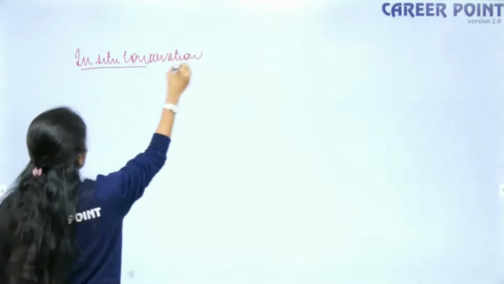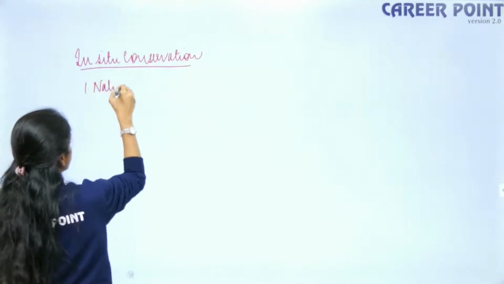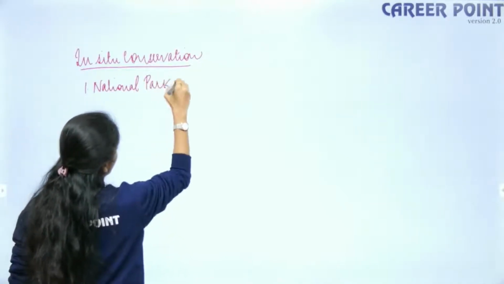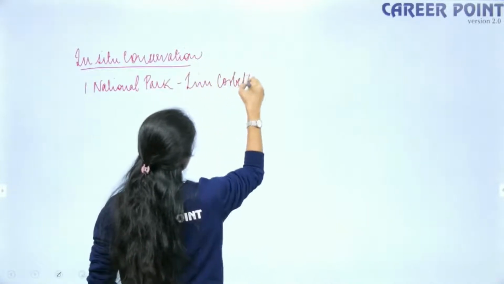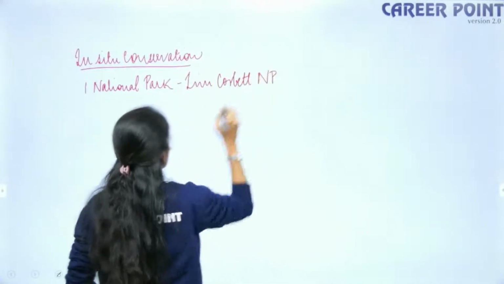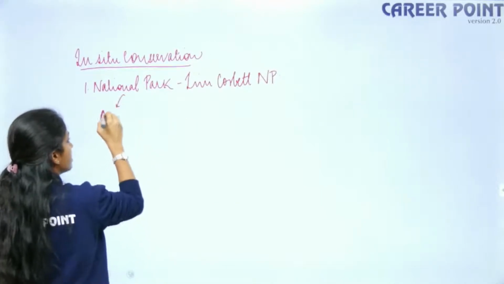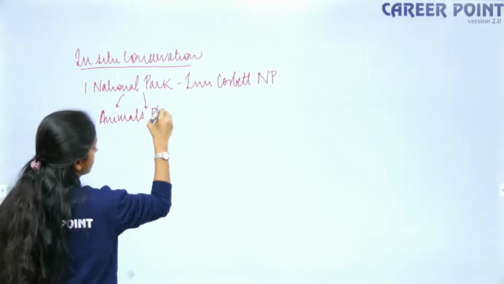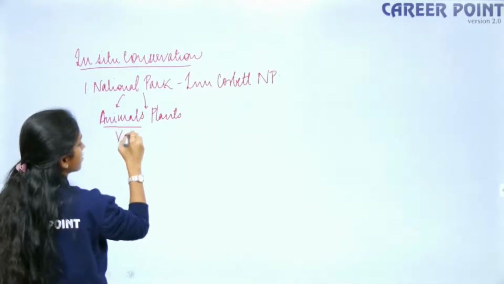What are the in situ methods of conservation? The first one is your national parks. The first national park in India is Jim Corbett National Park. In a national park, you can preserve your animals as well as your plants, and you can have a variety.